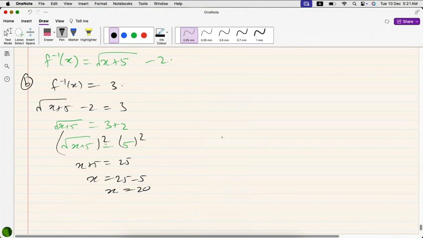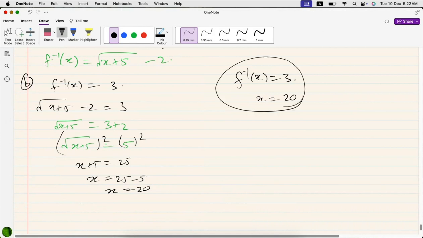Now see, when we are solving this, x is equal to 20. That means in the inverse, they should be switched. In this case, x should be 3 and y should be 20. In the case of the inverse, we substituted 20 to get 3, and in the other case, we should substitute 3 to get 20.